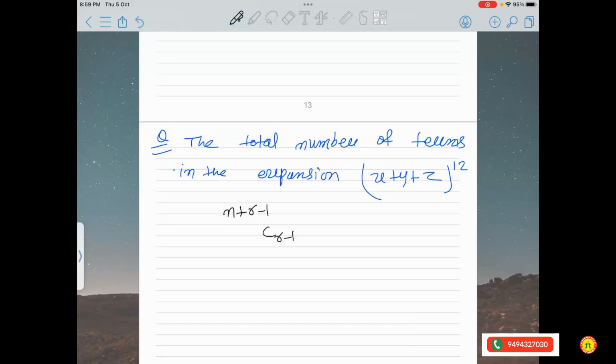This is the formula for the total number of terms. Got it?